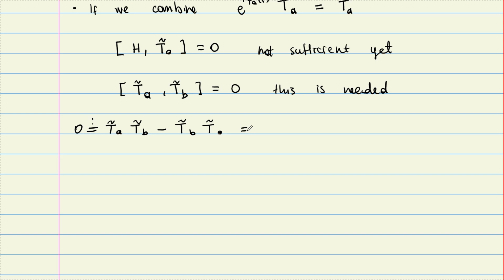And let's unpack. So this is e to the I phi a ta. There's an r argument, but I'm not writing it. The important arguments are written, but the others are not. So this is e to the I phi b tb minus, so this thing.